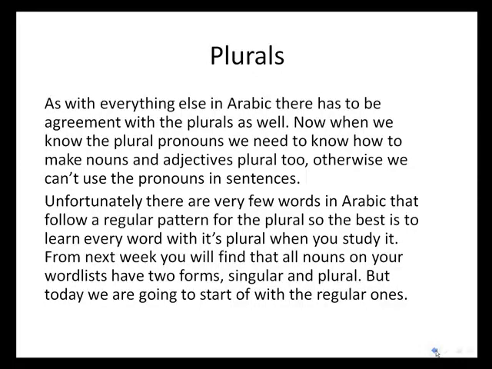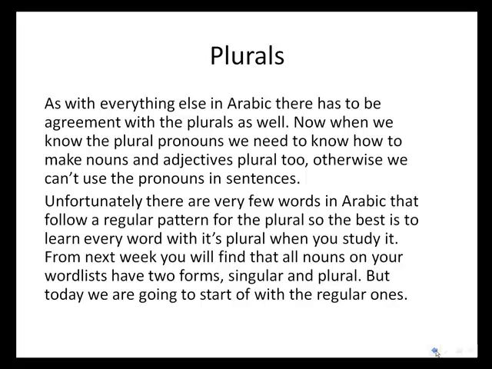Remember that we have talked about how it is very important that masculine words are described by masculine adjectives and that feminine words are described by feminine adjectives and so on. With the number, that means the singular and plural, we also have to have agreement. So now, when we know how to use plural pronouns, we need to have plural words in order to make sentences.